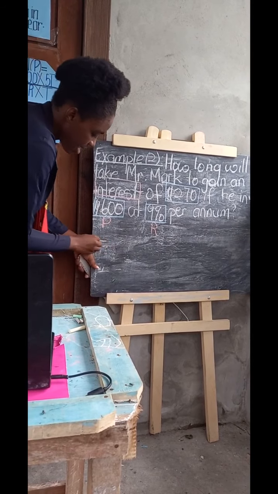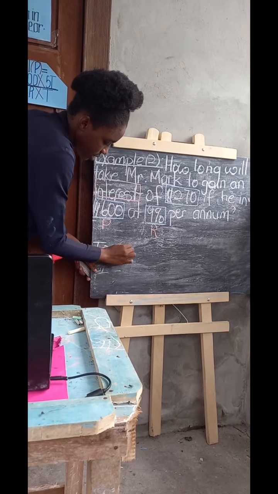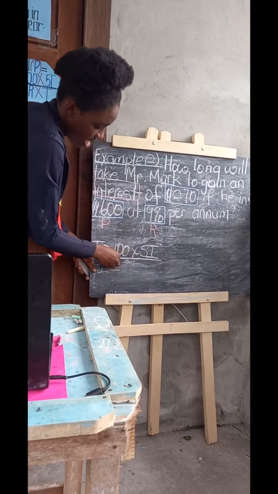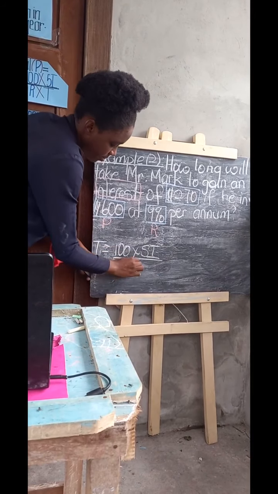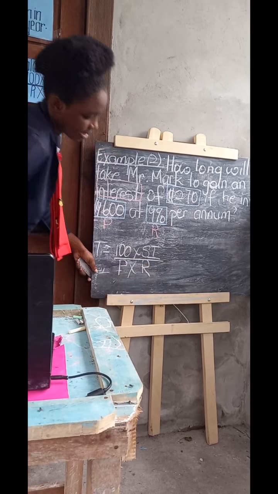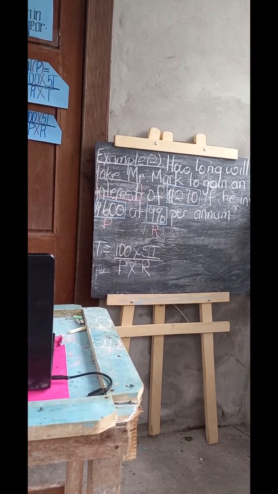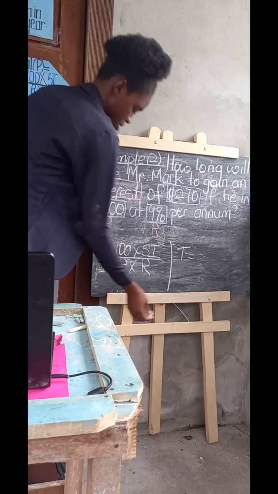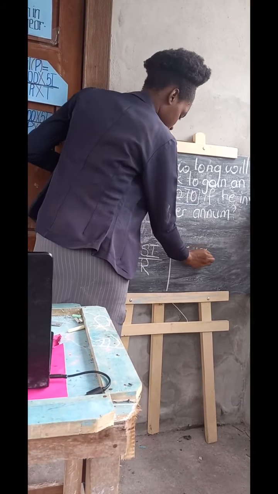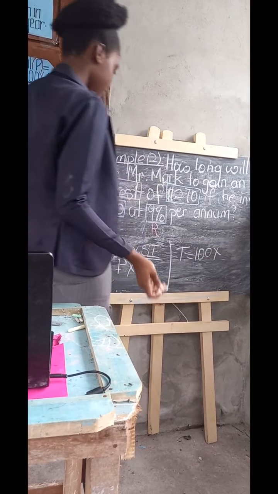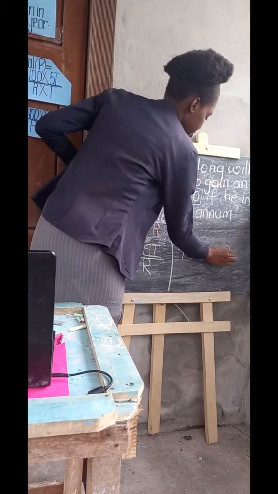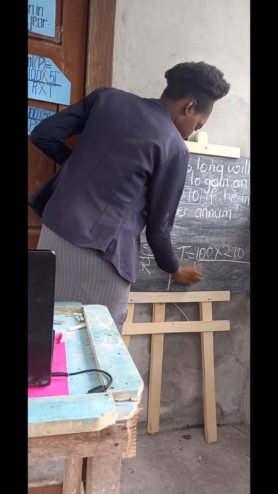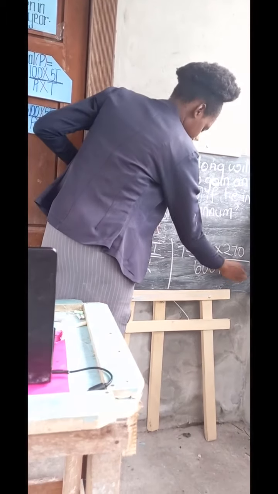It's going to be time equal to 100 times the simple interest divided by the principal times the rate. Right? So time is going to equal 100 times, we know that our simple interest is 270, divided by the principal of 600 times 9.